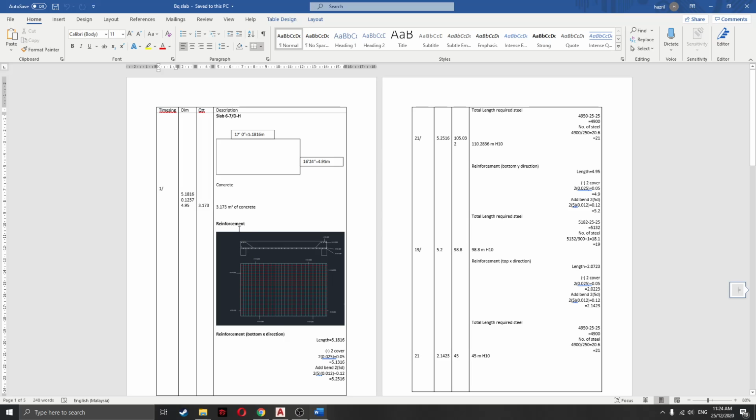Then I find the reinforcement, motor acceleration, length, then total length required steel 31 times 5.16 times 104, 50.032, get 110.2836.